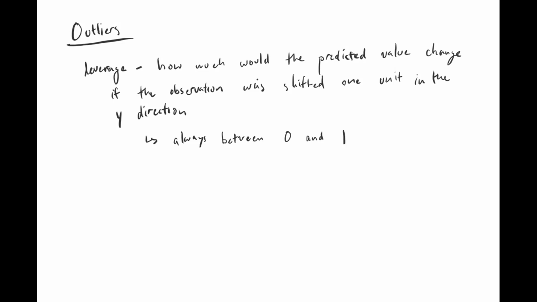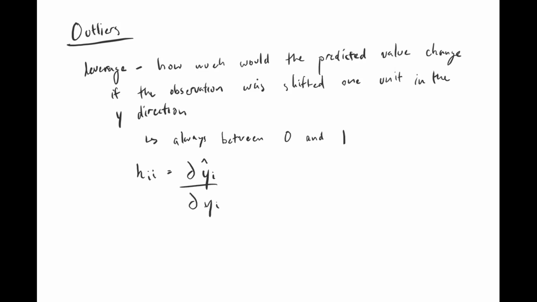And the way this is measured, so H_ii is what we denote as leverage, is equal to the change in my predicted value divided by the change in your observed value.